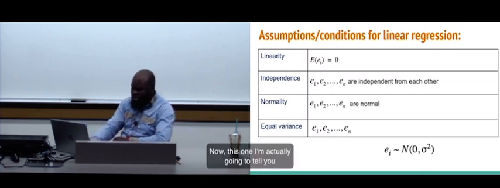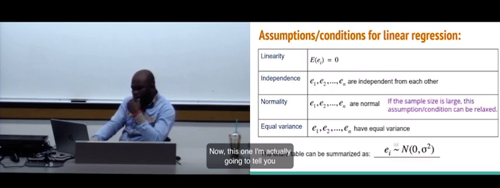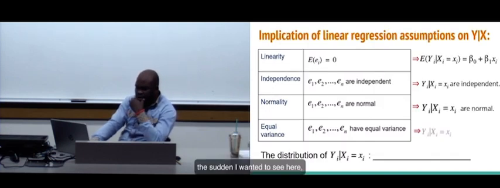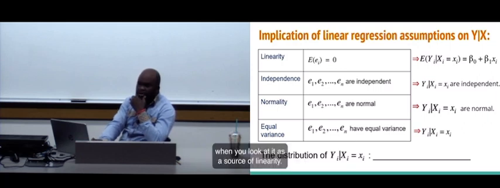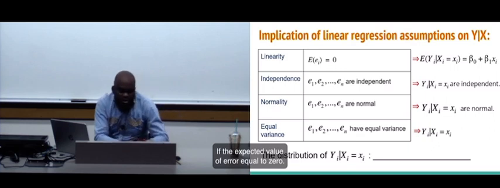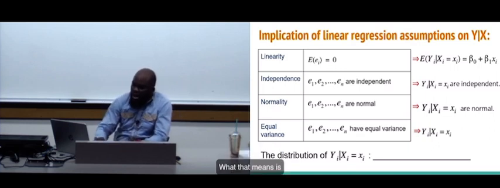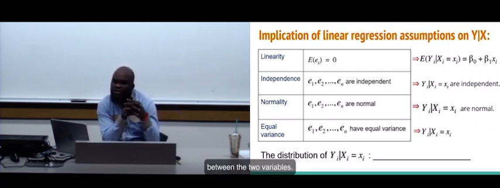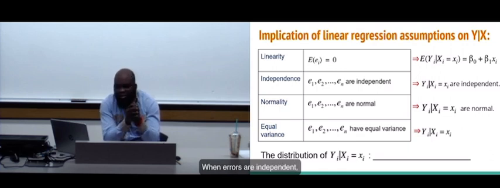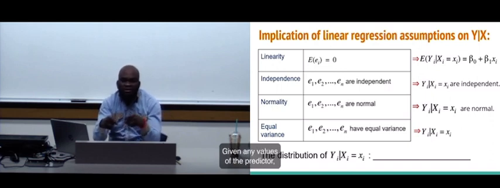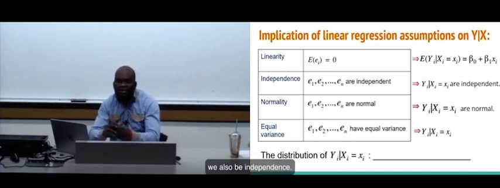Now, there's something I'm going to tell you about the implication of these assumptions. When you look at the assumption of linearity, if the expected value of error equals 0, what that means is that a linear relationship exists between the two variables. When errors are independent, it means the response given any values of the predictor will also be independent.